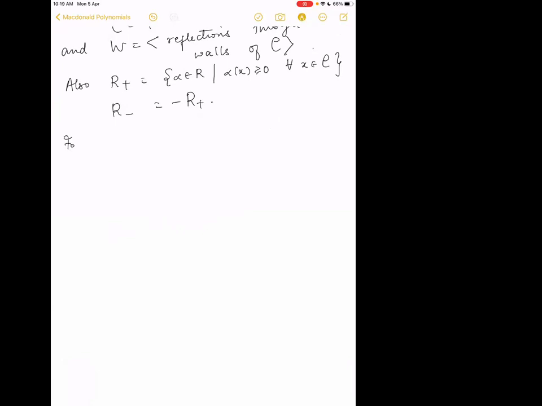So for A in R_A, let H_A be A inverse of 0. The connected components of V minus the union of H_A, A in R_A, are called alcoves.